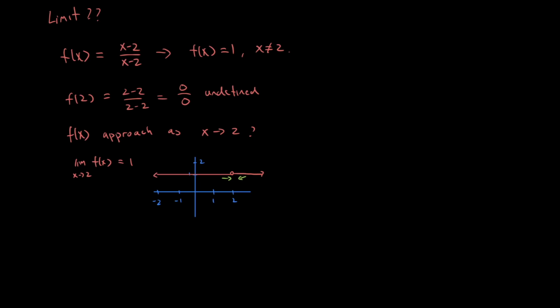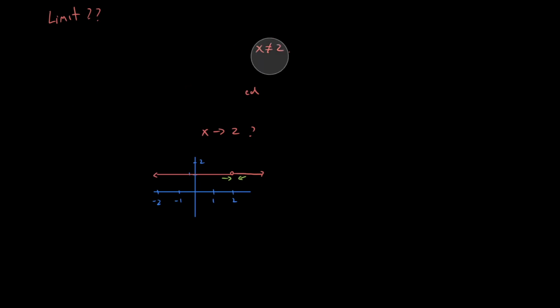Now, let's do another example. So let's say I had a function f of x is equal to x squared if x does not equal 2, and 1 if x is equal to 2. So when we graph this out, it will look a little something like this.